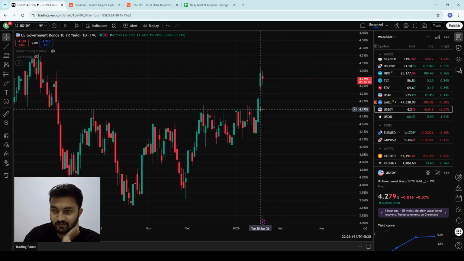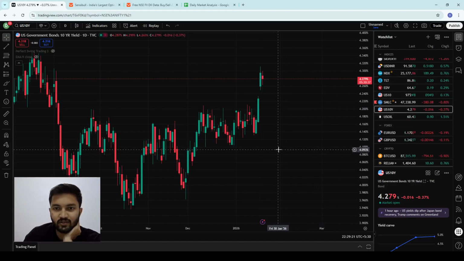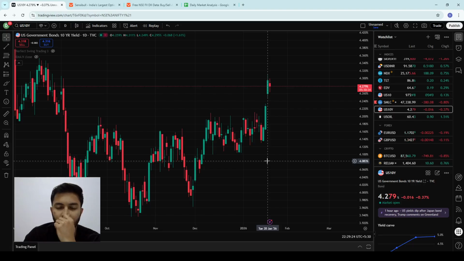This is a lot different than what I actually expected, because the European Union holds almost 40% of the overall bonds that the US government has ever issued.